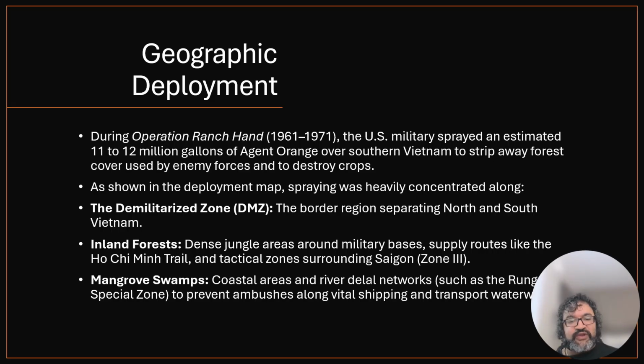And they sprayed it on mangrove swamps, and mangroves, I've seen, grow huge, and coastal areas and river deltas, such as the Rung Sat Special Zone, to prevent ambushes along vital shipping and transport waterways. So strategically, this was especially important, but at what cost?